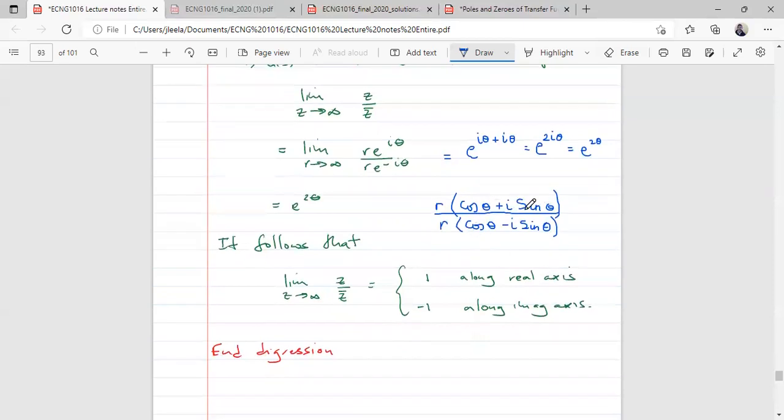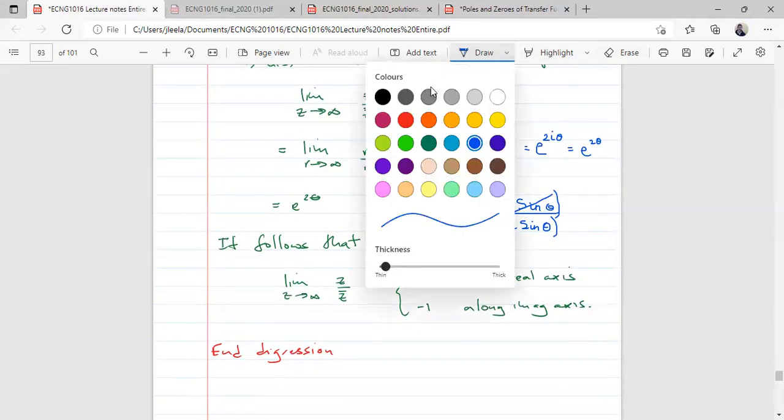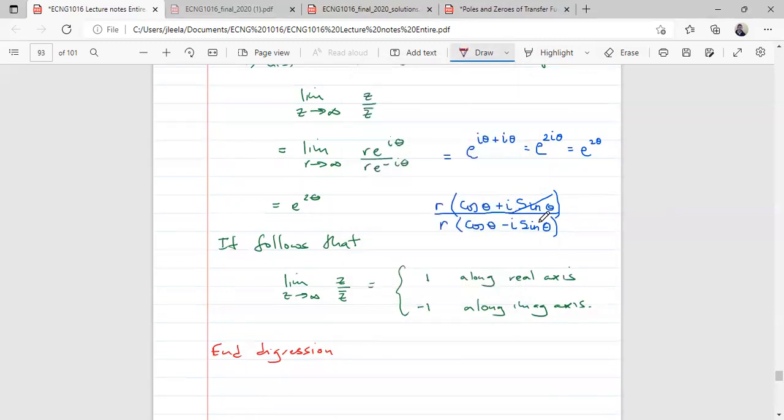Right? So if you break up this here, then it will be 1 along the real axis, because the imaginary part here will cancel. The real axis is going to have this part here, so it will be r cos theta over r cos theta, which is 1, right?